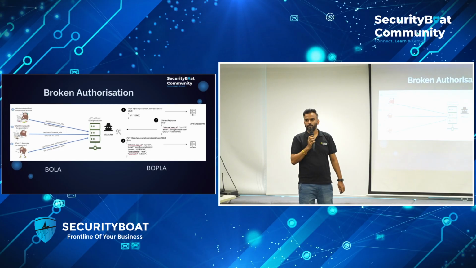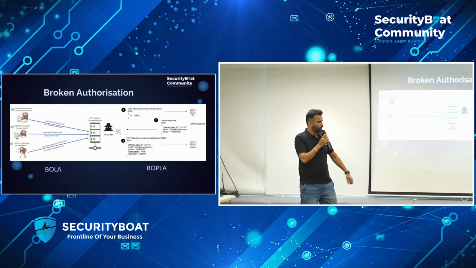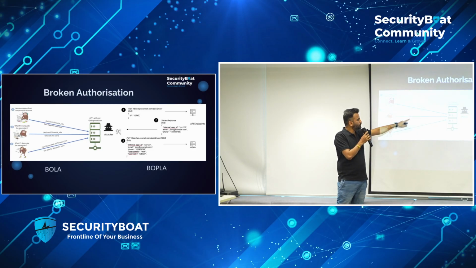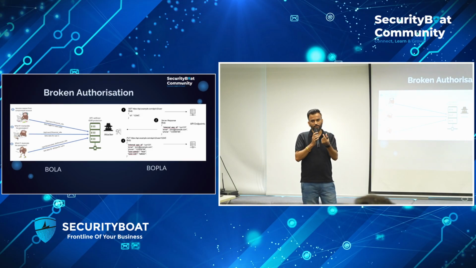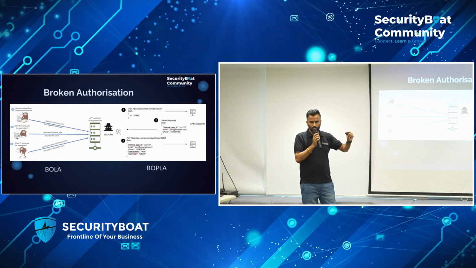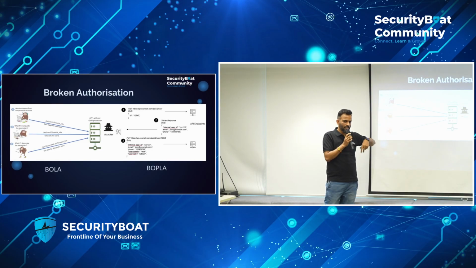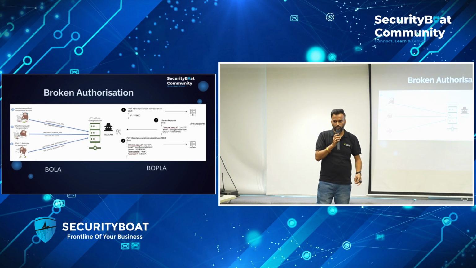Because each user is kind of an object. Correct. Every entity, user 1, user 2, ID 3, 4, 5, represents an object, and a particular user can only access a particular object's information. But what if I am able to access another object's information? That's a broken object level authorization issue.